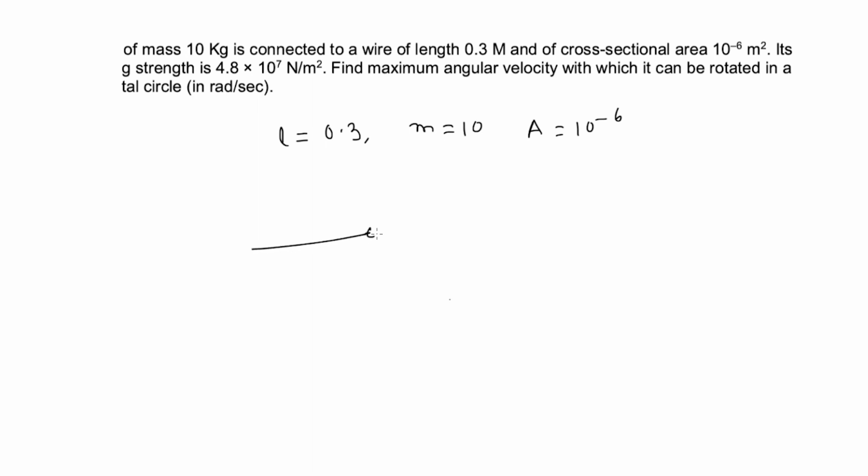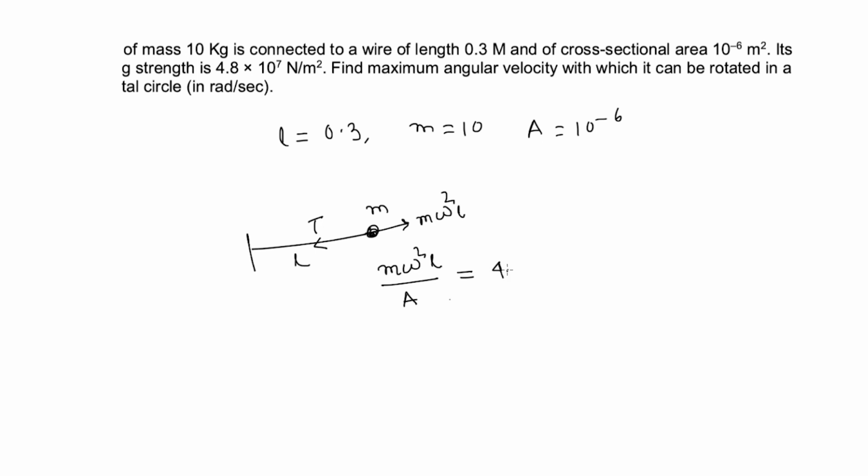So if it is rotated in a circle, this length is L, this is M. So its tension is m omega square r, m omega square L. So this tension divided by area is stress. So m omega square L divided by area, that is the stress, and the maximum stress possible is the breaking stress given.